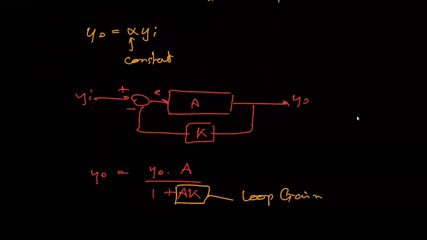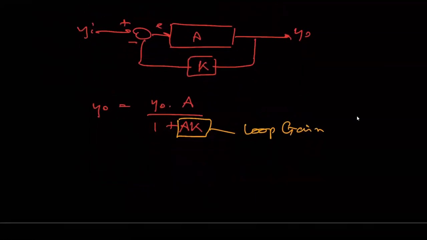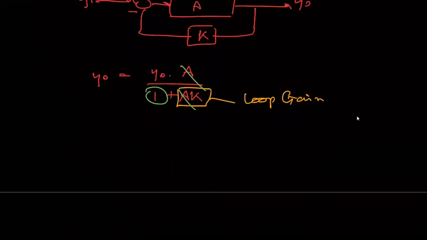Now, if I push the loop gain up and up, this one effectively disappears, and I end up canceling A. So when AK is much, much greater than 1, Yo approximates to, sorry, I just made a little mistake there, that should be Yi. Yo is approximately equal to Yi times 1 over K.